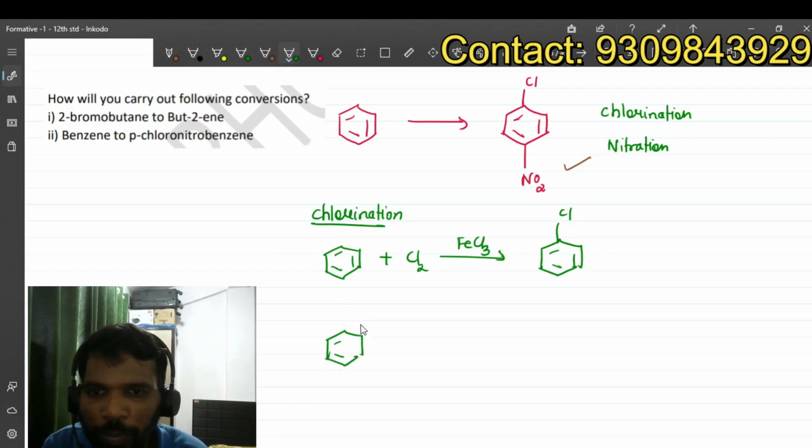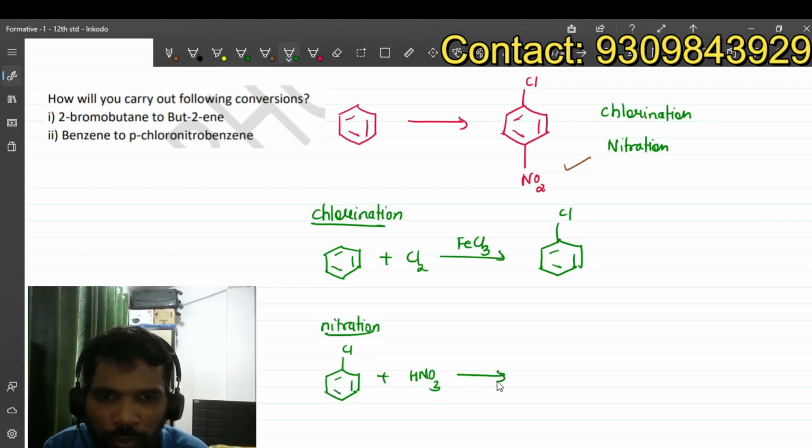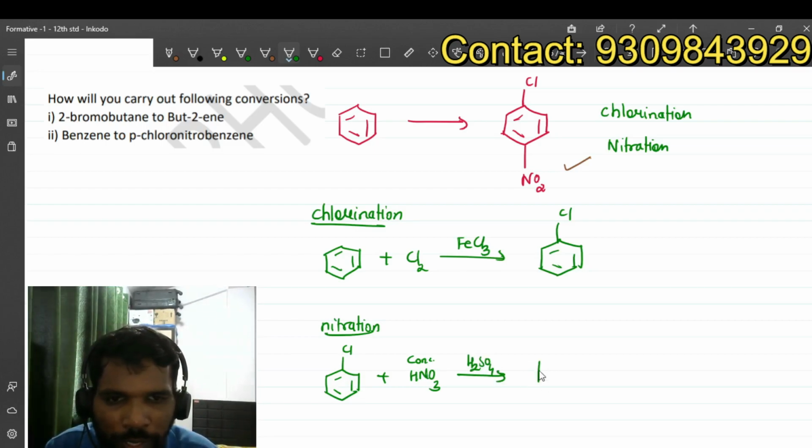And once you have this chlorobenzene, now you do the nitration. Means second step, I am doing the nitration. You take this chlorobenzene and do the nitration with HNO3, concentrated. Earlier also it was concentrated, and H2SO4. So what you will get is NO2.